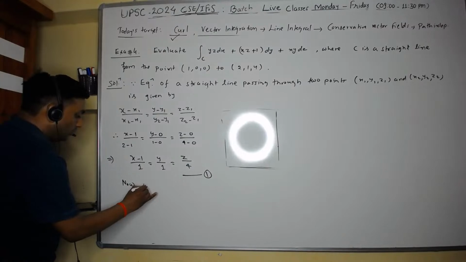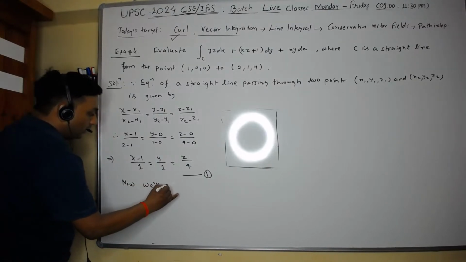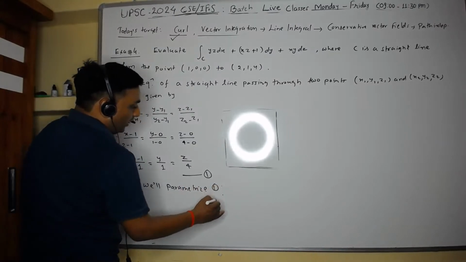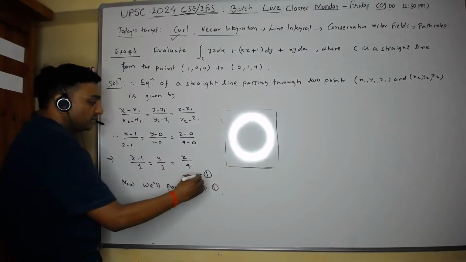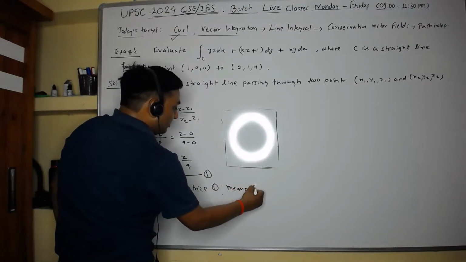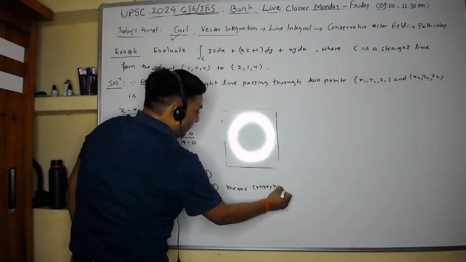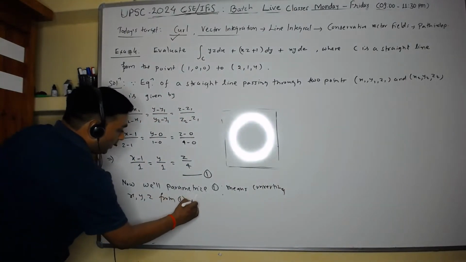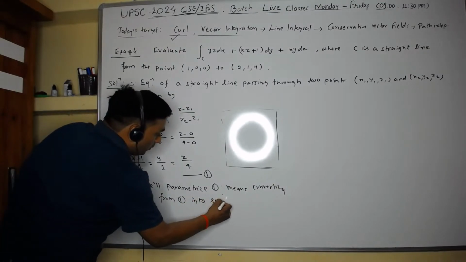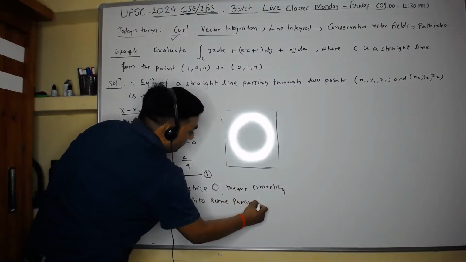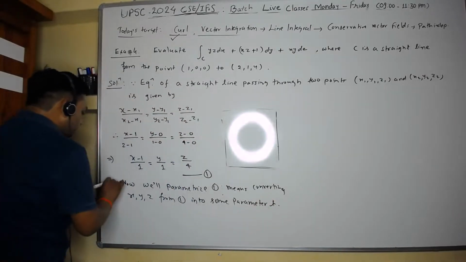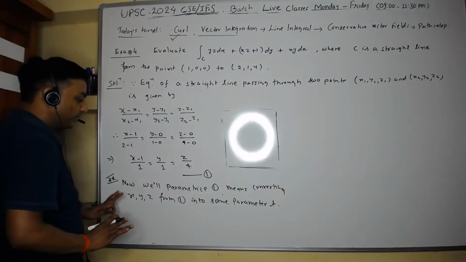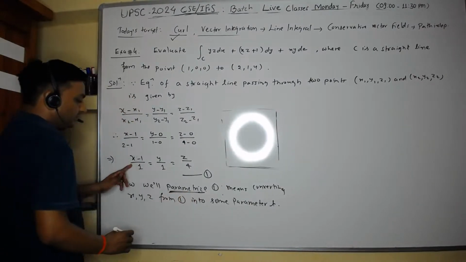Now we will parameterize x, y, z. Parameterize means converting x, y, z from 1 into some parameter t. Please mark star here and do revise it. Okay, parameterization. Chale.